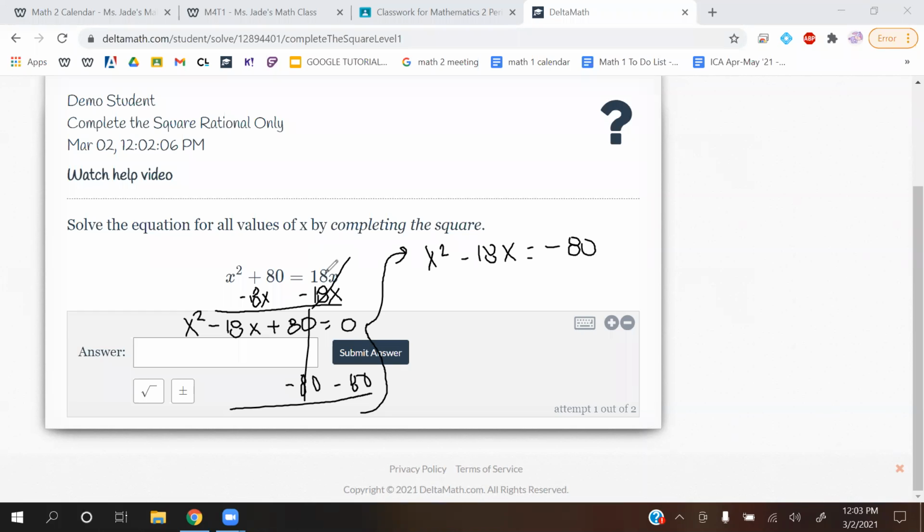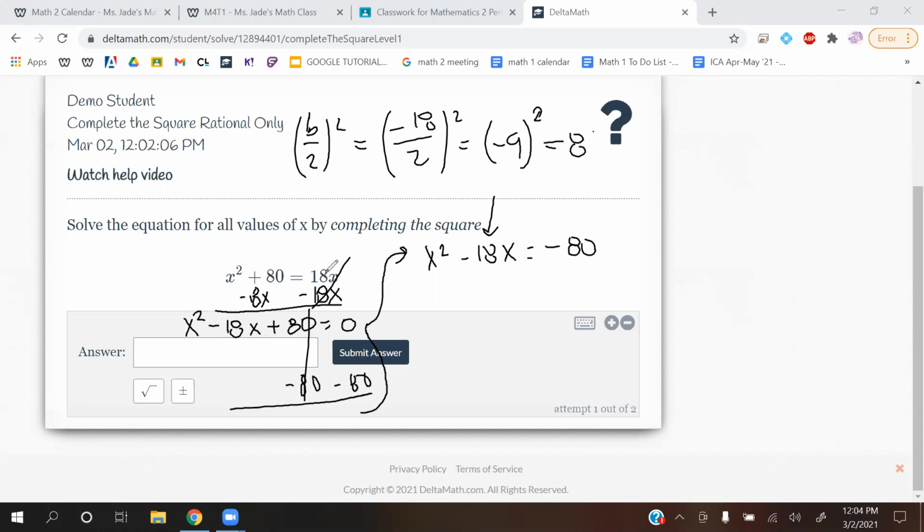Okay, so now look at our b value, this negative 18. And then what do we add to both sides? Remember the formula, b over 2 squared. So negative 18 over 2 squared. So negative 9 squared. So 81.